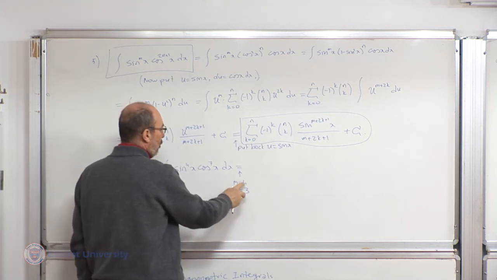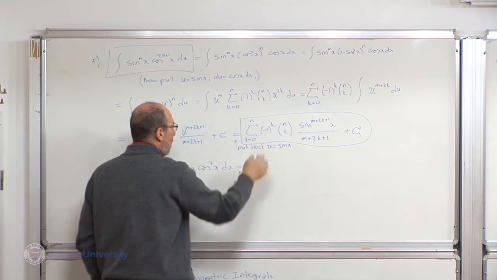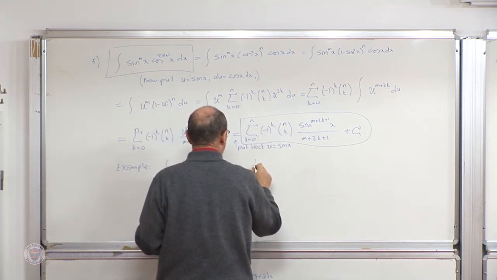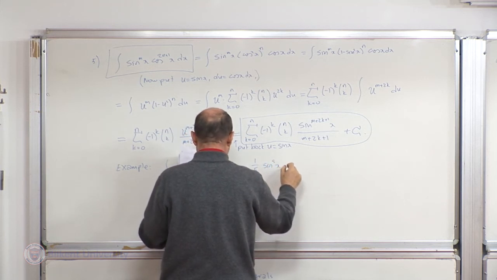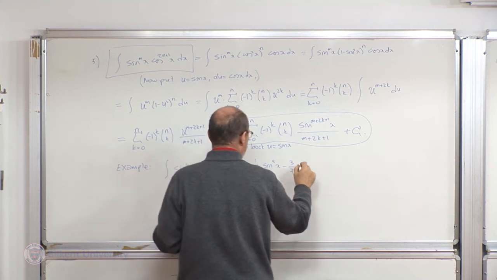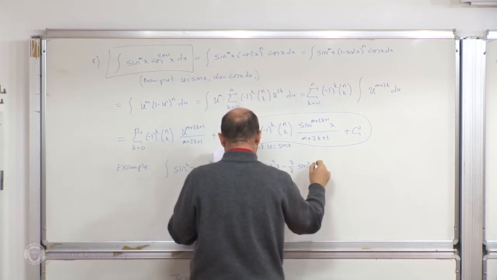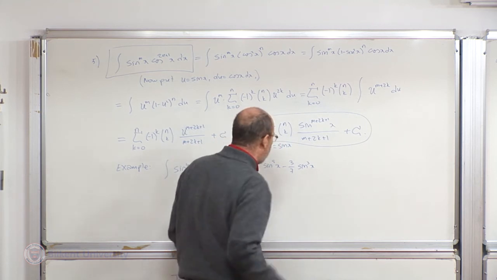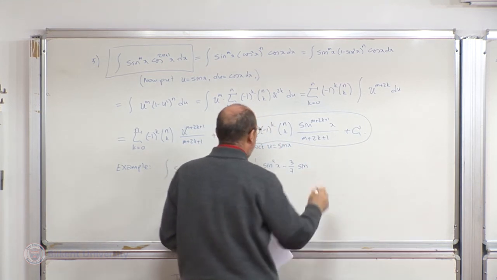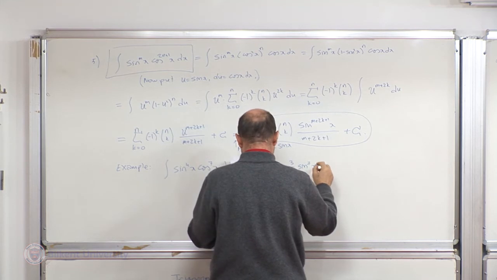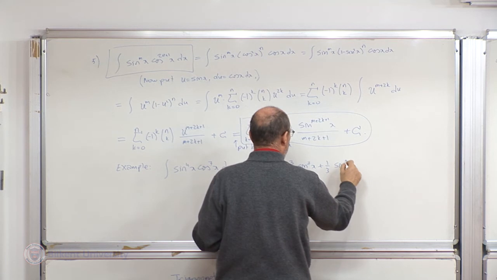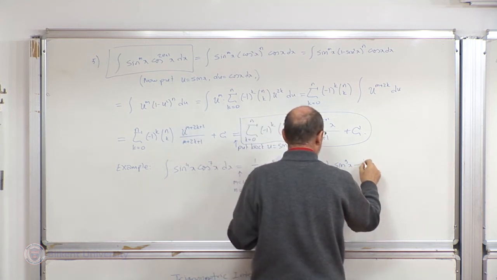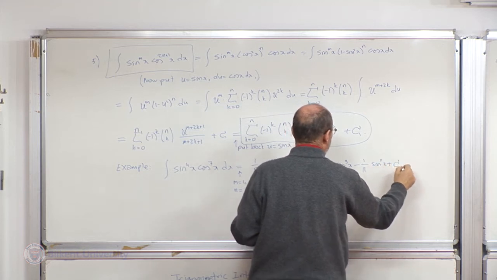So you just put those integers here, and what you get is the following: 1 over 5 sine to the power 5 x minus 3 over 7 sine 7x, plus 1 over 3 sine 9x minus 1 over 11 sine 11x plus c.